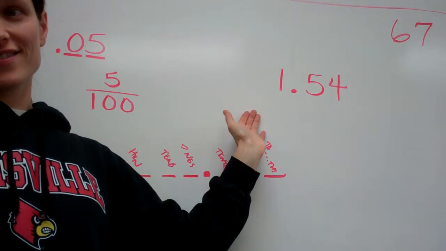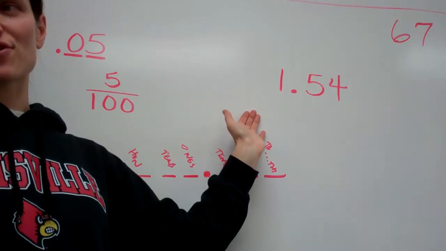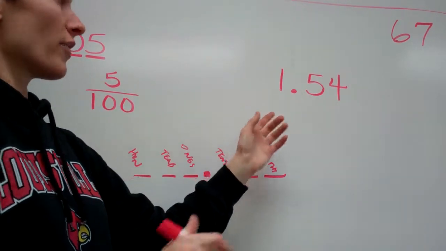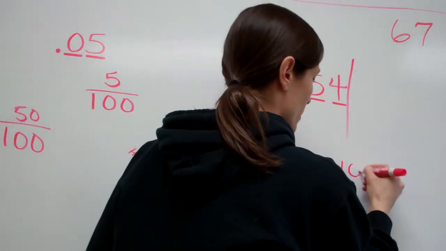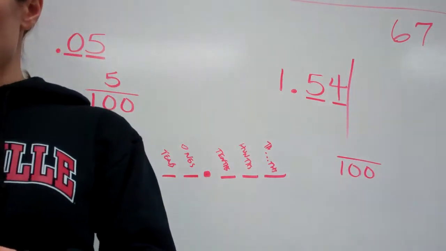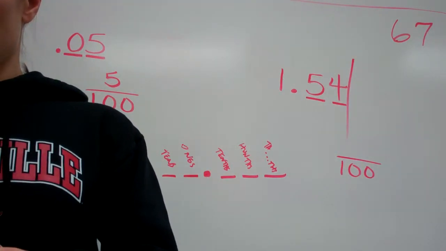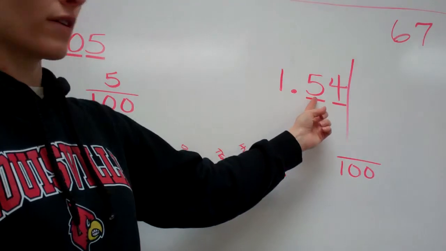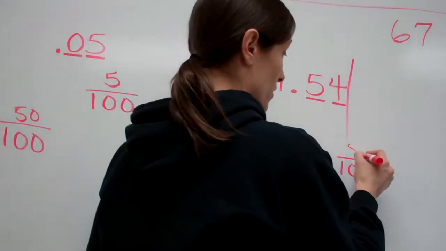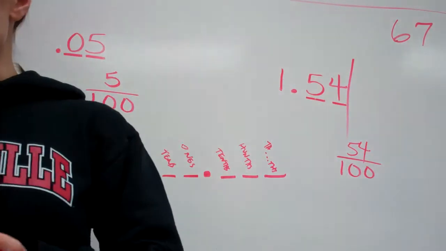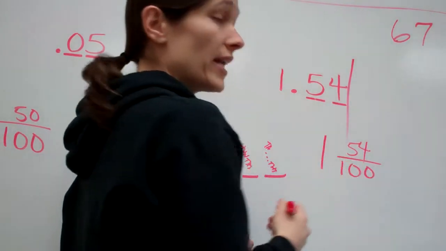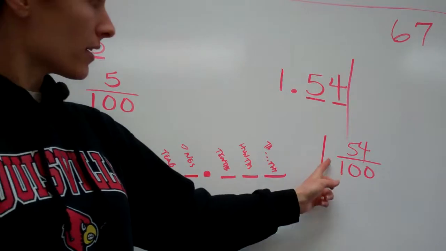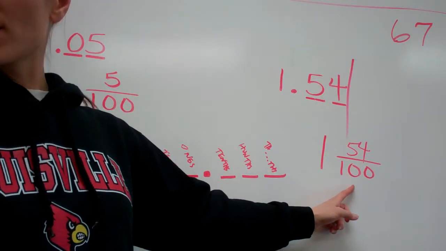You would put 100 on the bottom. Very good, because tenths, hundredths is where it stops. What am I going to put on the top? 54. But what do I do with this one? You put it on the side. Yes, because it's a whole number. 1 and 54 hundredths.